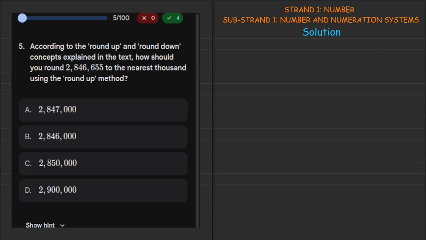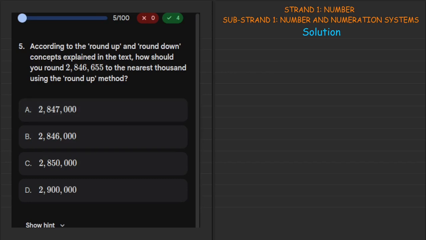So in this next question, it says, according to the round up and round down concept explained in the text that is in our notebooks, how should you round 2,846,655 to the nearest thousand using the round up method? So we are actually rounding it up.